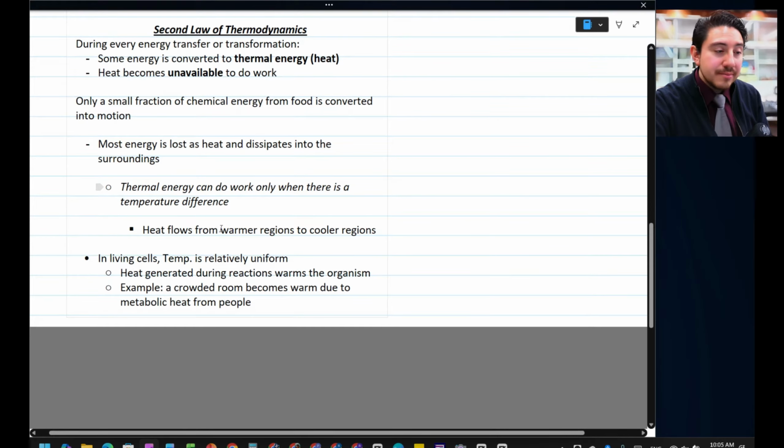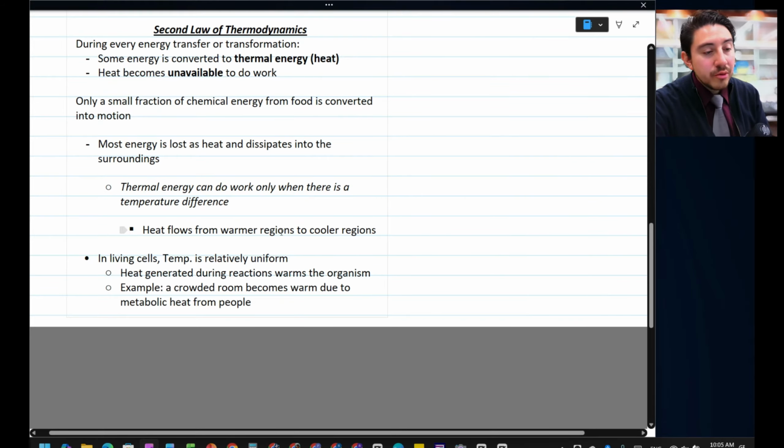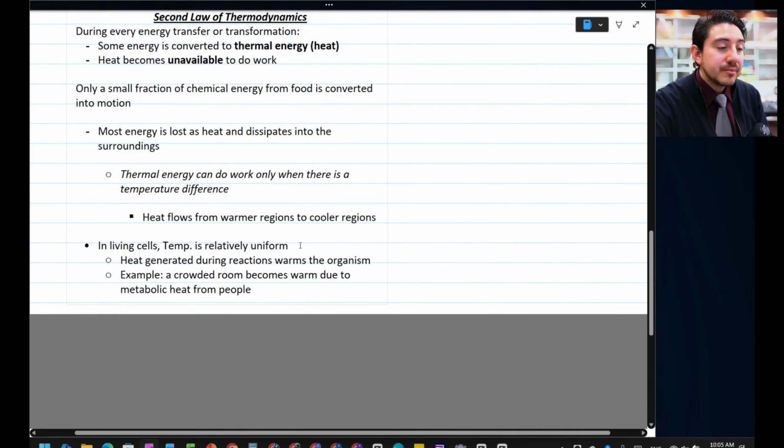The only time that thermal energy can do work is if there's a difference in temperature. Heat flows from warmer regions to cooler regions. You can think about currents and different temperatures of currents, as you get motion there, and so forth.